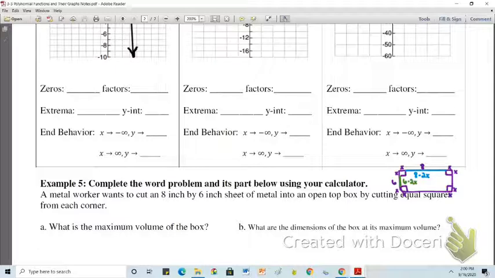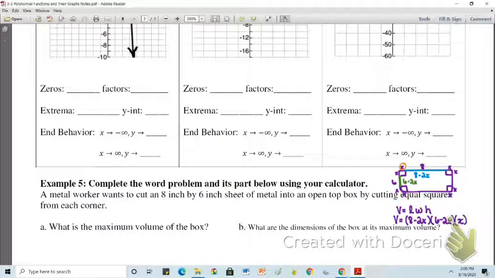And the height of my box is simply x, because that's what I'm folding it up at. So what is the maximum volume for this box? So remember, volume equals length times width times height. So I'm going to put that in there. My length would then be 8 minus 2x. My width is my 6 minus 2x. And my height of my box is x.